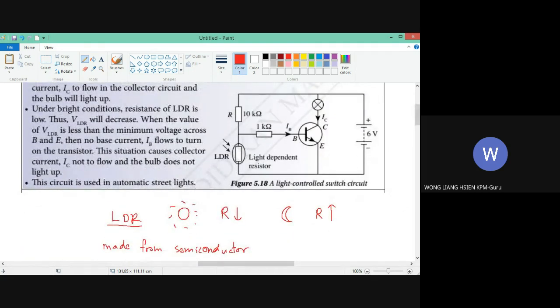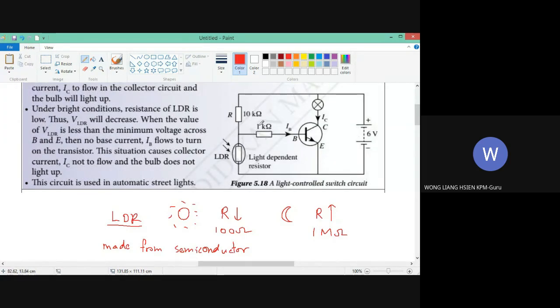For example, during daytime, the resistance is very low, about 100 ohm. And then during nighttime, the resistance will become very high, up to about 1 mega ohm, which is 1 million ohm.